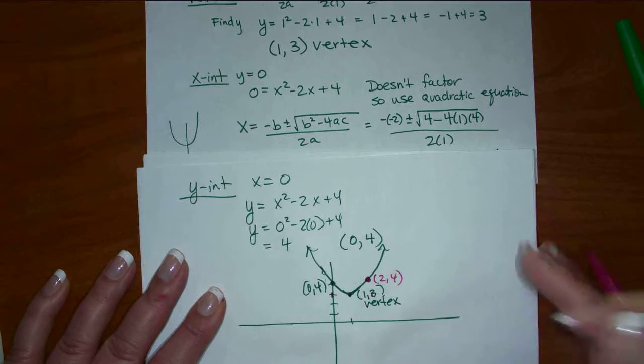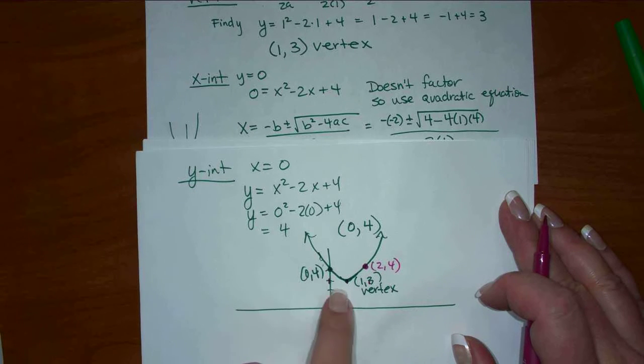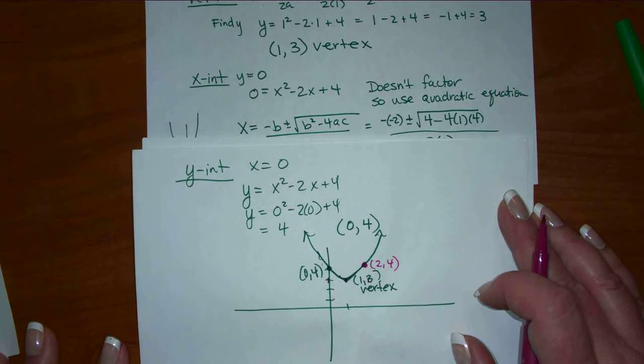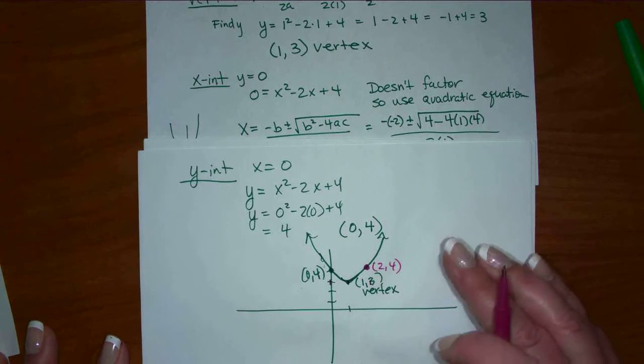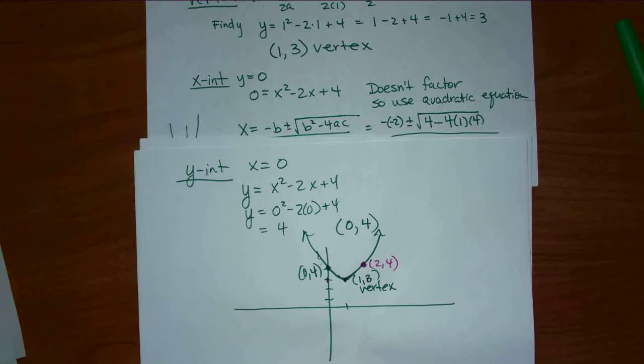So you can always get that other point. It's sort of the mirror image on the other side. So this would be 0, and then that's 1 away. So 1 on the other side is 2. But you don't need that to draw it. But sometimes when you're graphing, like if you're using graph paper, you'll want it to be even. So you don't need to really find it. But if it looks even, you're good.